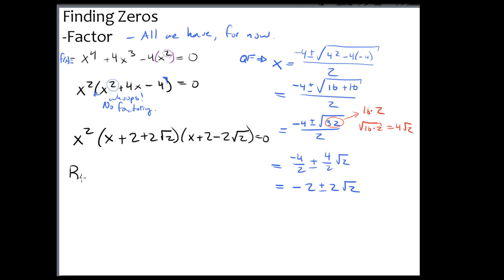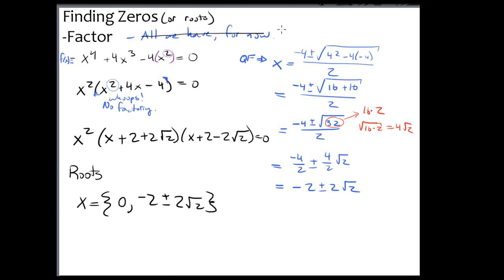So the roots, which is another name for the zeros, are x is equal to the set 0 and negative 2 plus or minus 2 square roots of 2. Oof. So we've got factoring, and I guess we also have the quadratic formula too.